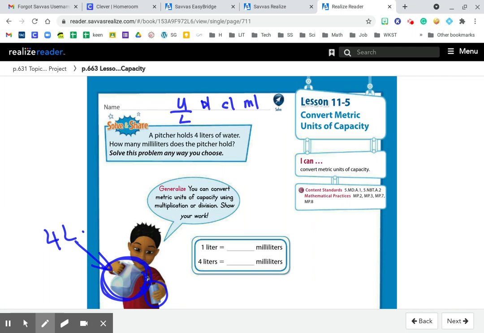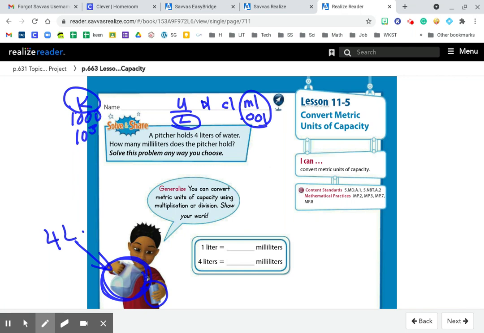So again, it's 1,000th of a liter. And a kiloliter will be 1,000 or 10 to the third liters. So in capacity, all we care about really are kiloliters, liters, and milliliters. We only have 3 measurements to worry about.